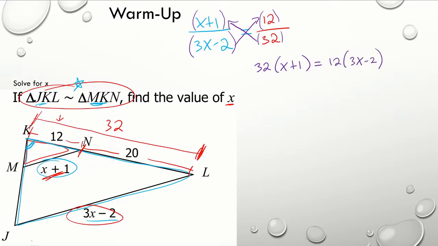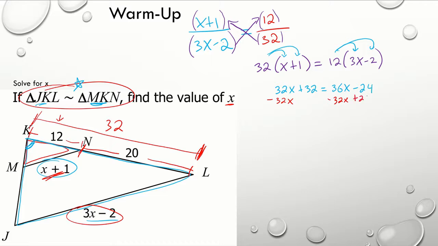And then from here, it's simply a matter of simplifying this algebraic equation. So we're going to distribute in there, and you get 32x plus 32 equals 36x minus 24. Since I have x on both sides, I'm going to subtract. It doesn't matter which way you go, but I don't want to be dealing with negative x's, so I'm going to subtract 32x from both sides.